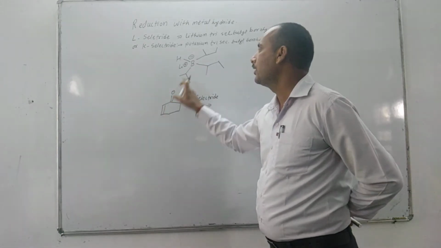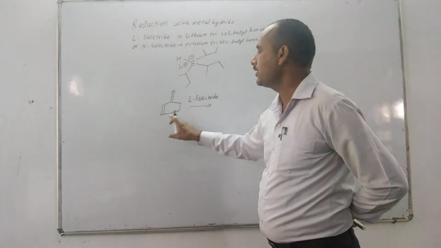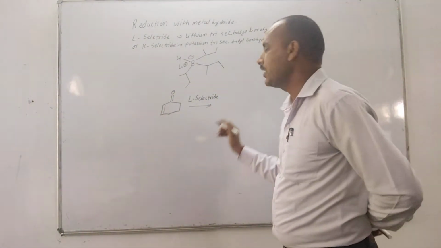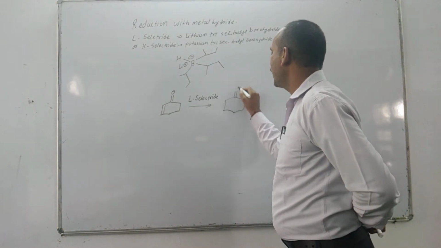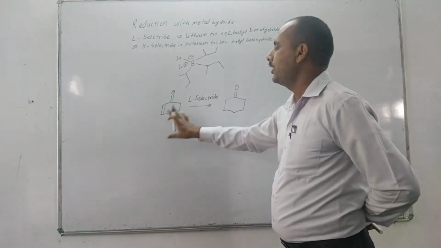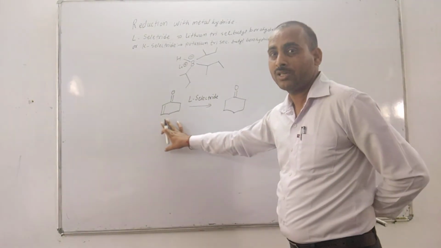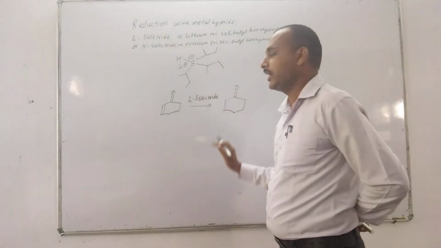Reduction by lithium tri-sec-butylborohydride reduces the carbon-carbon double bond, that is, 1,4 reduction takes place. So the product formed is this type of carbonyl group. The alpha, beta unsaturated carbonyl is converted to a saturated carbonyl compound by lithium Selectride.